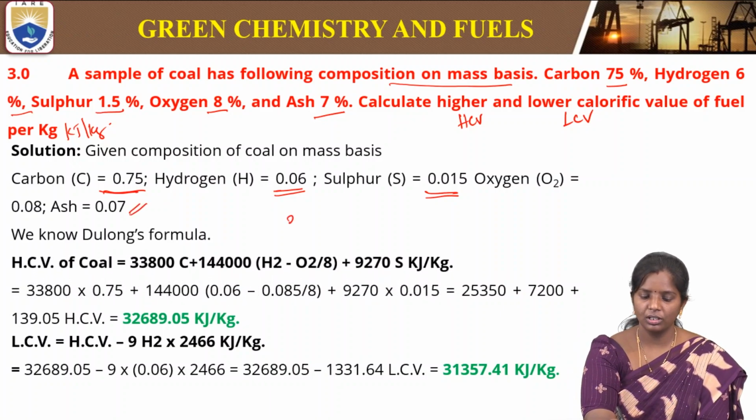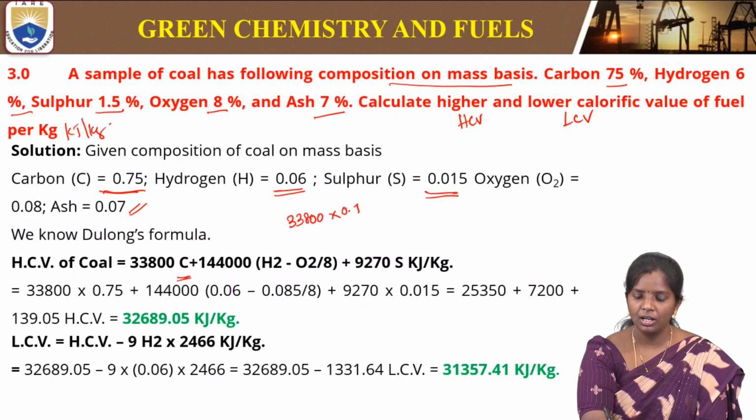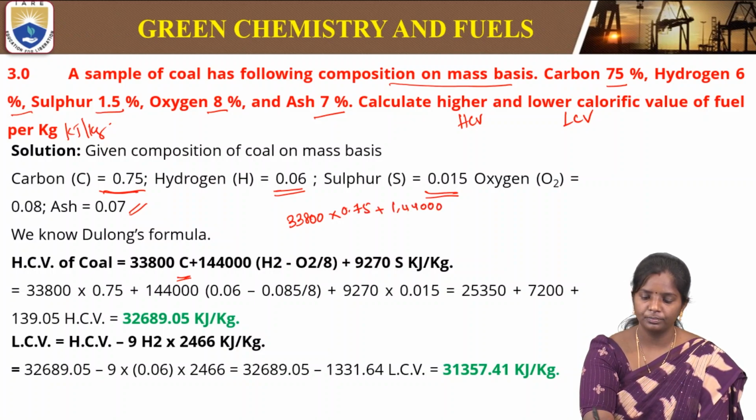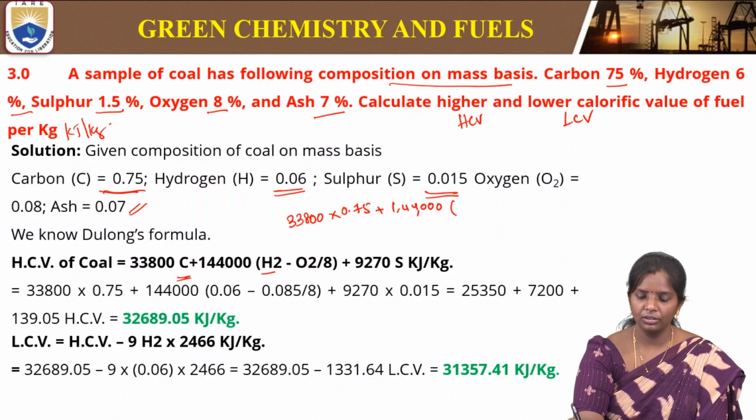Now substitute in Dulong's formula: 33,800 into carbon. How much is the carbon? 0.75, plus 144,000, and in the bracket hydrogen 0.06 minus oxygen. How much is the oxygen? 0.08 by 8.